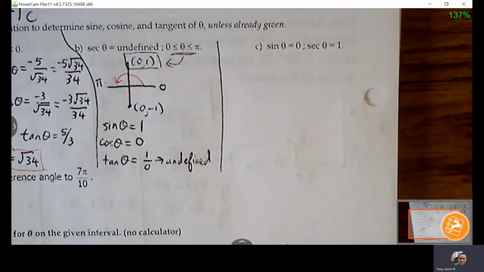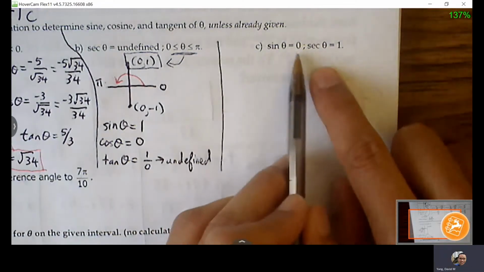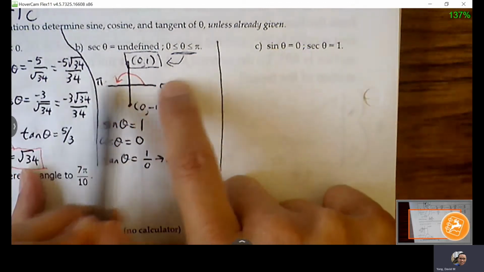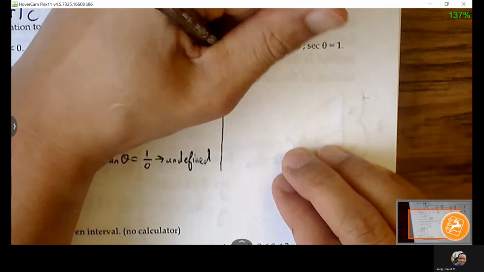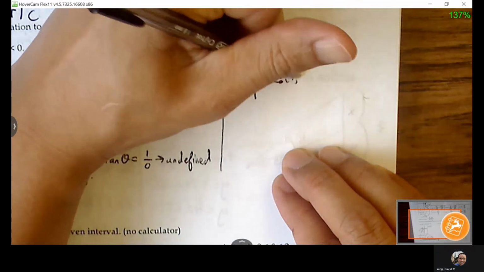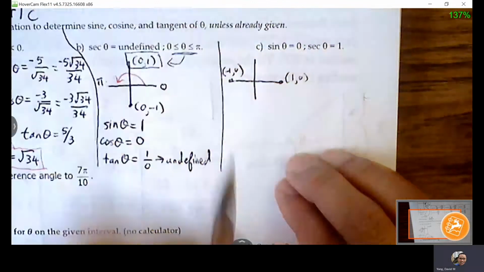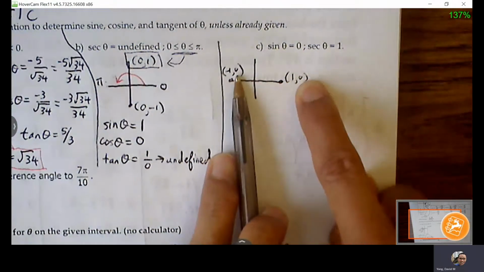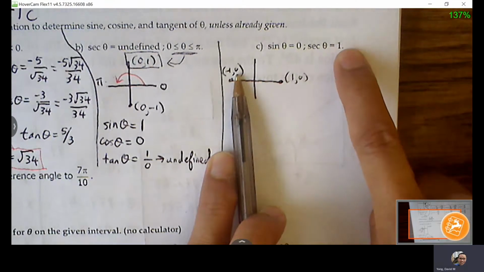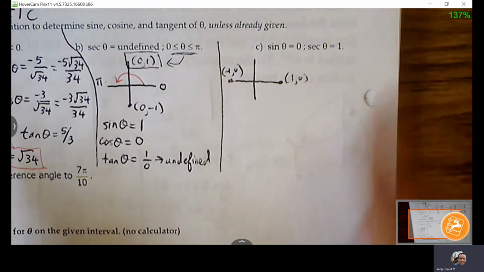Sine is equal to 0. So let's see, sine, that's the y value, right? So sine equal to 0 is going to be along the x-axis. Those are my two options where my y value is 0, but I want secant to be 1, so what am I looking at?